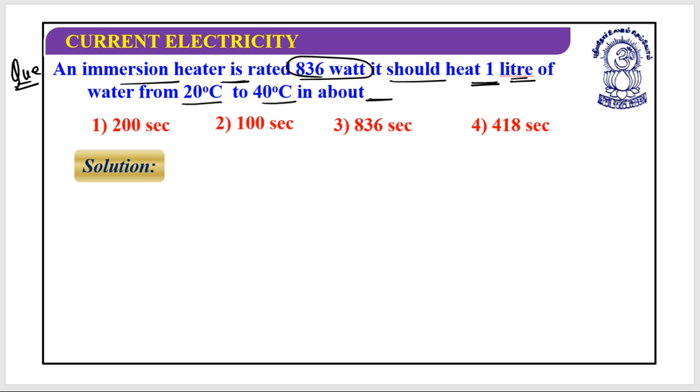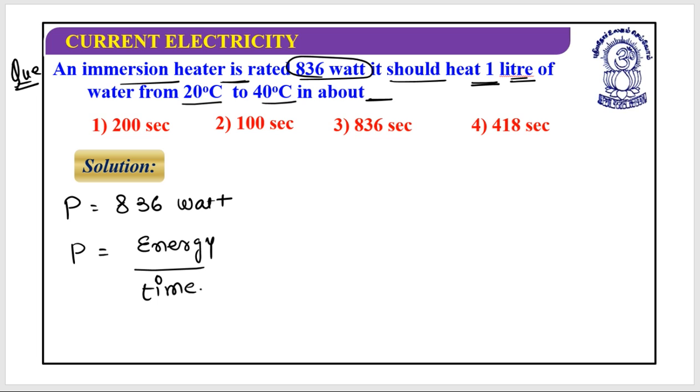This is a multiple concept question. An immersion heater is given whose power is 836. So I can write like this, power is equal to energy divided by time. Now the question is, how could I do this? It's 1 liter of water from 20 degrees Celsius to 40 degrees Celsius.